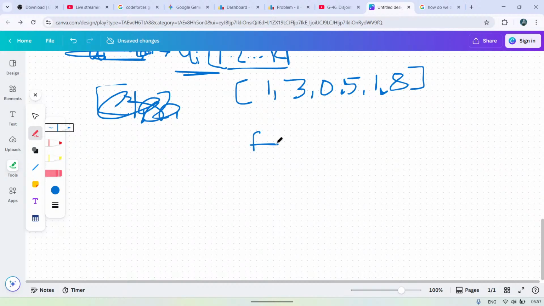I am on index 0. I have 8 cards. Let's give one card. So the answer will be, calculate the mid answer. Okay, I'm not able to think, guys.